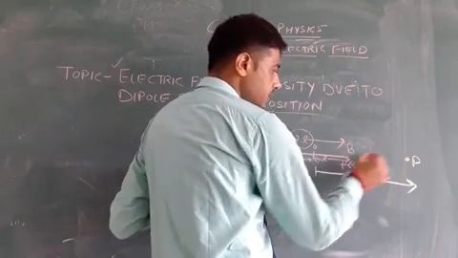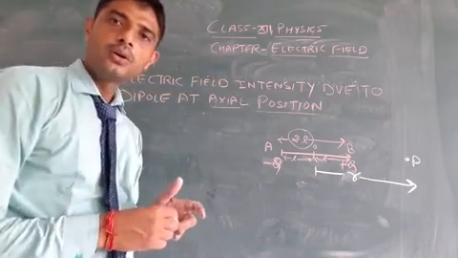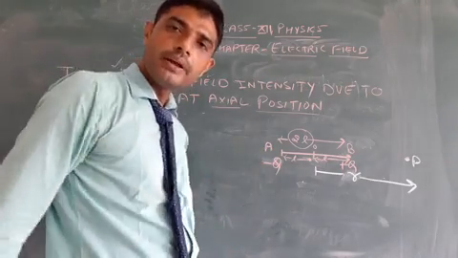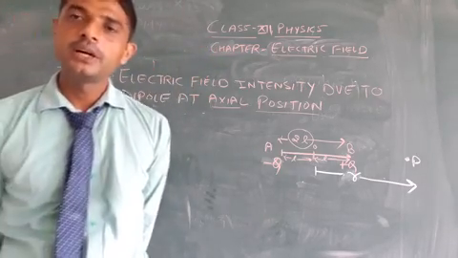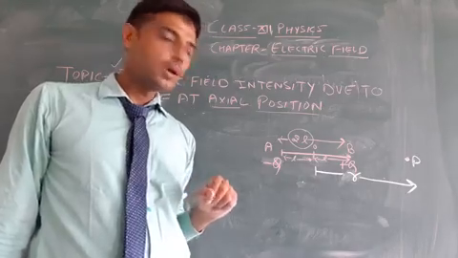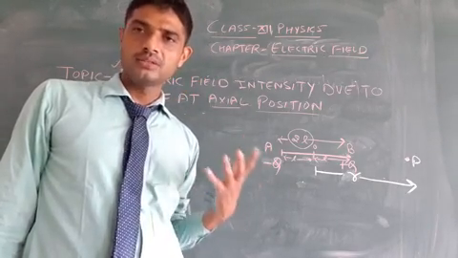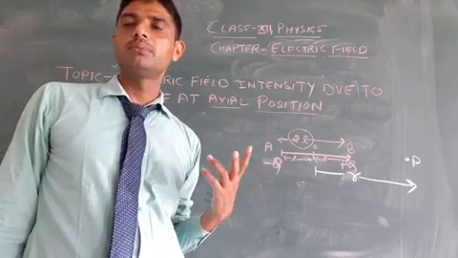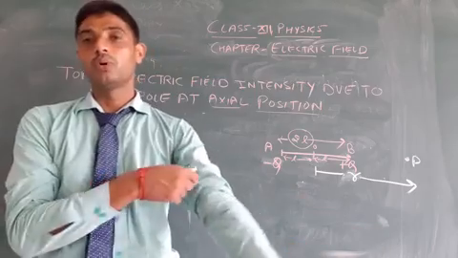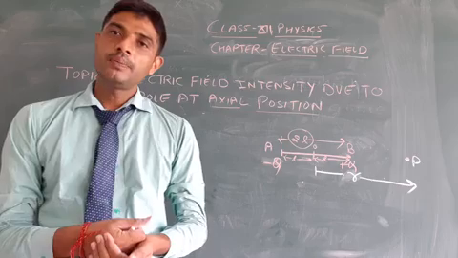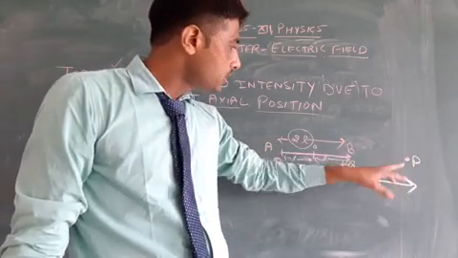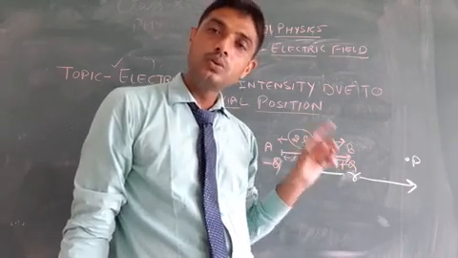So at point P, there is the effect of plus Q as well as the effect of minus Q. It means at point P, the intensity exists due to plus Q and due to minus Q. You can understand this point like this: if there are two members in a family, then for a specific reason we have to take the point of view of both persons. So we have to find the intensity at point P due to the dipole.